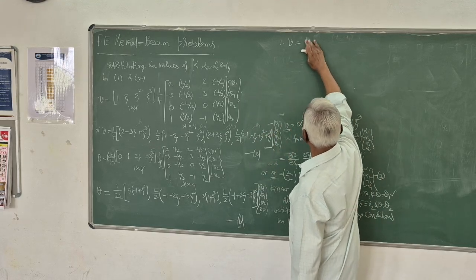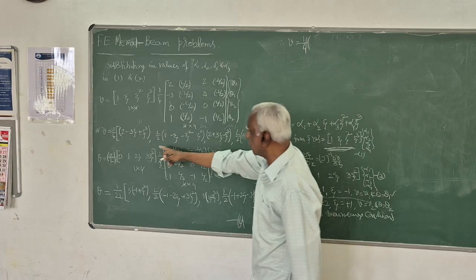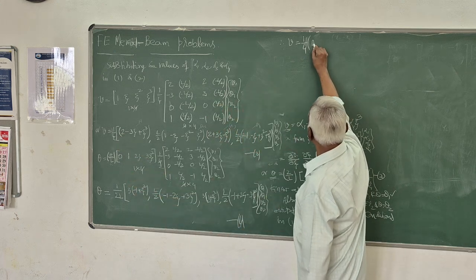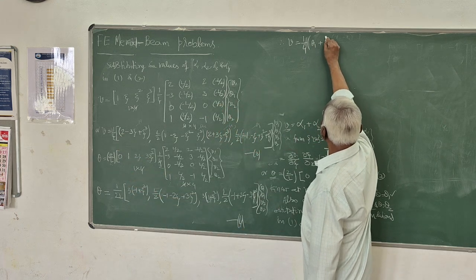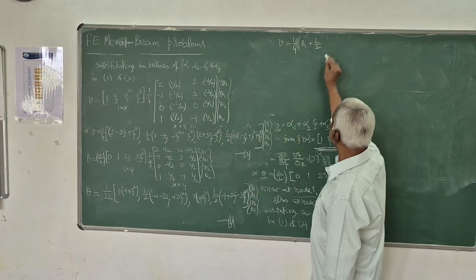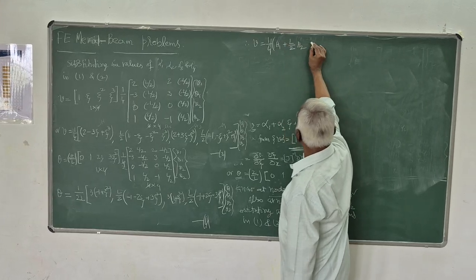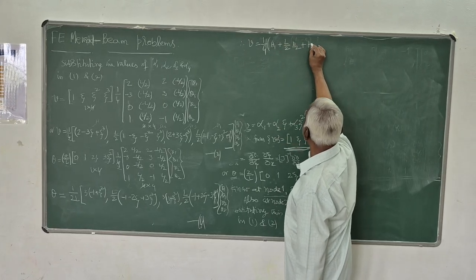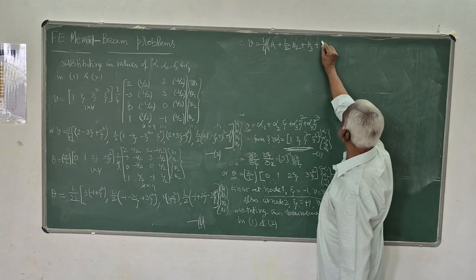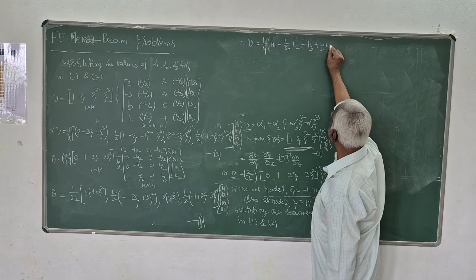So V is equal to 1 by 4, that 1 by 4 I will keep as it is, into H1 plus L by 2 into H2 plus H3 plus L by 2 into H4.